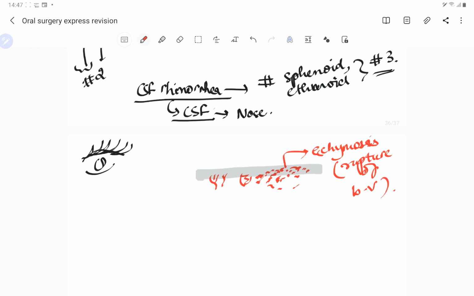So ecchymosis is basically the darkening of the skin due to the rupture of the blood vessels. If you see this darkening of the skin all around the eyes, that is also associated with a Lefort-2 or Lefort-3 fracture.